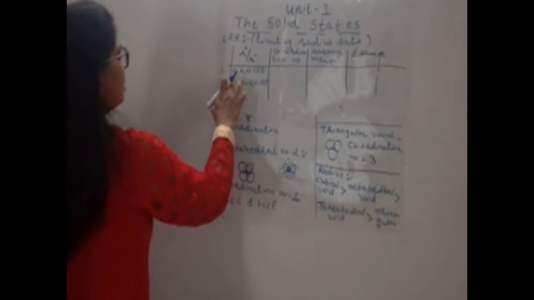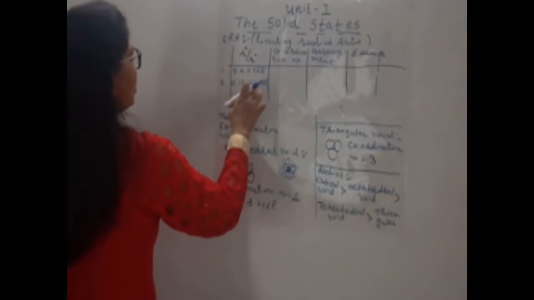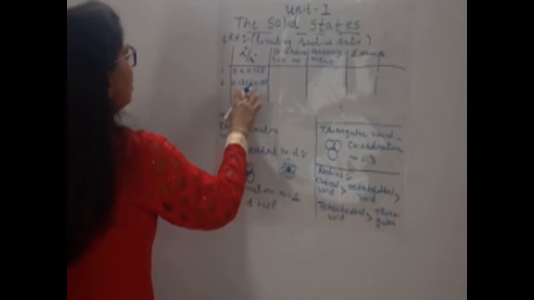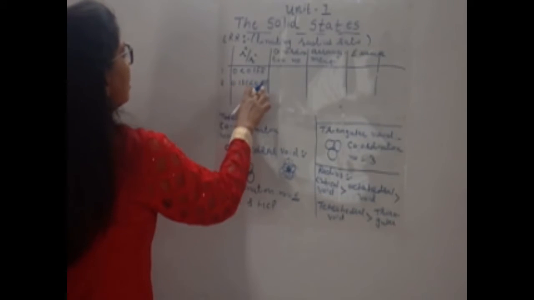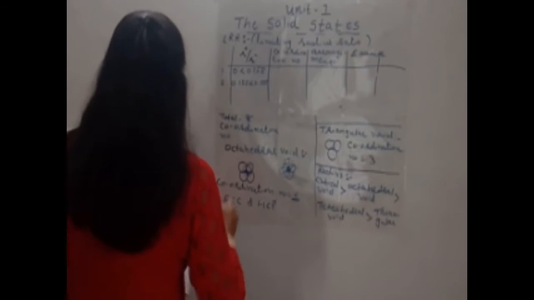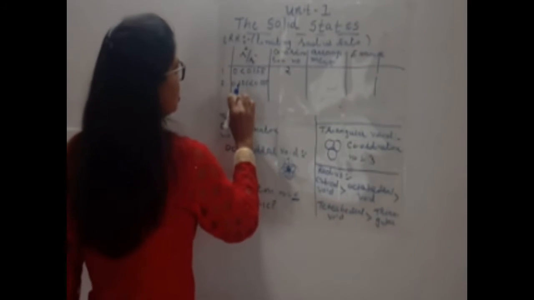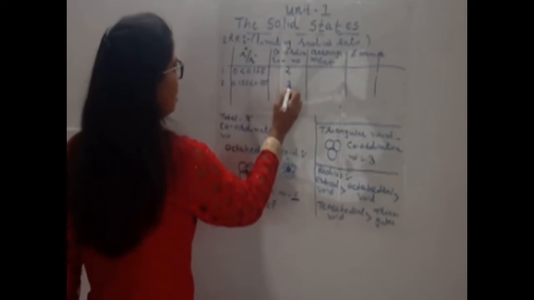This is the range. So here the coordination number for this is 2. Coordination number for this is 3.